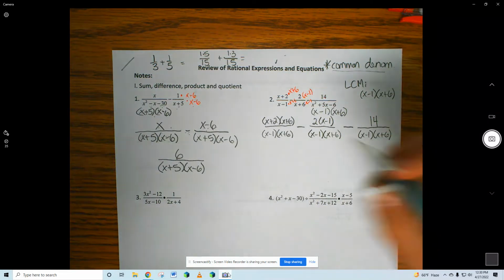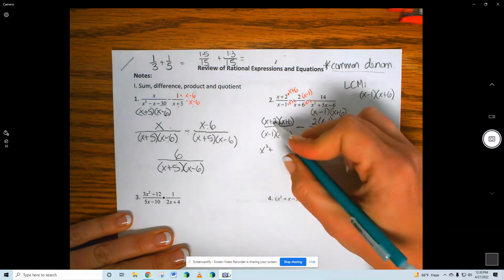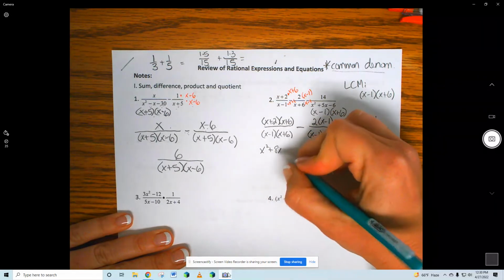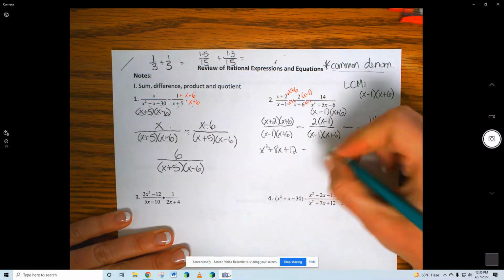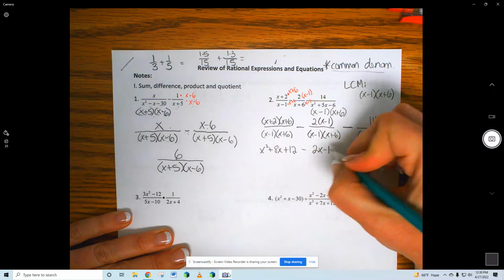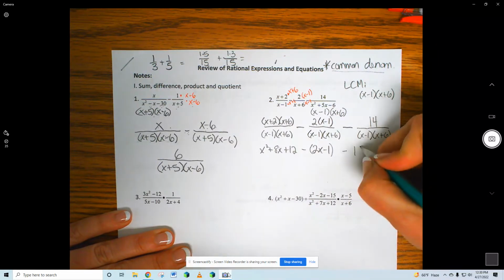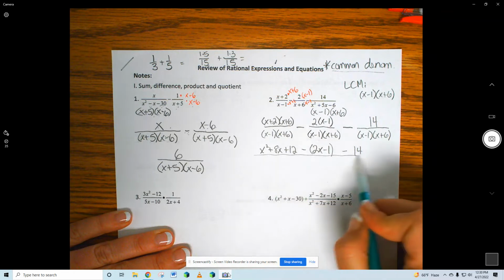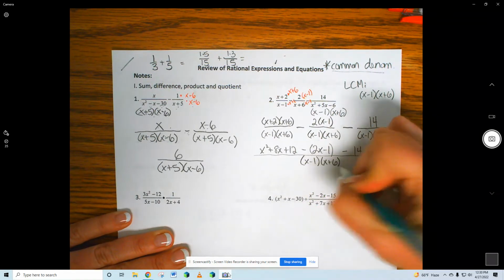So that's going to be FOILing. X squared plus 2x plus 6x is 12 minus, now be careful, 2x minus 1, but I'm going to have to distribute that subtraction sign, all over x minus 1, x plus 6.